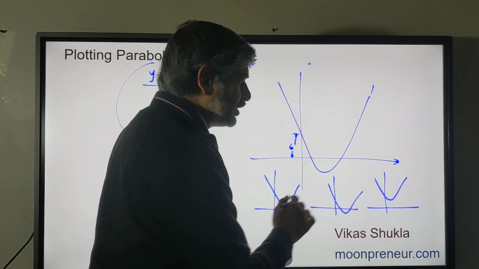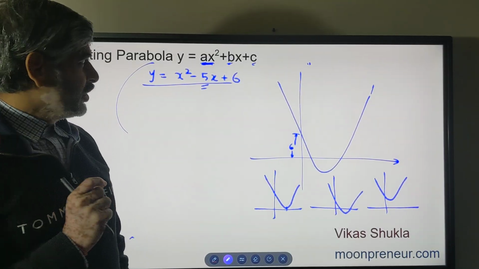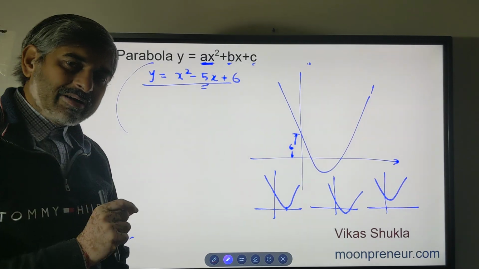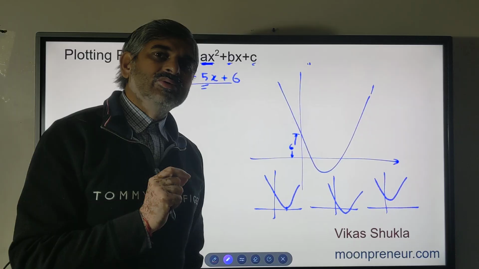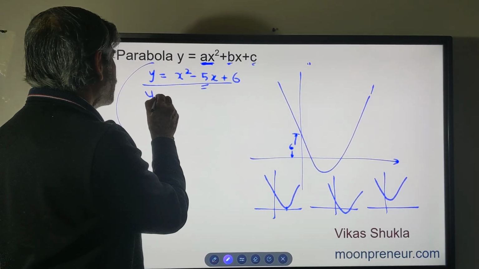These are the three possibilities, and in order to find out what's going on, we will have to factorize this. Either factorize it or use the quadratic formula to find the two roots of the equation. So let's factorize it and see what's going on.